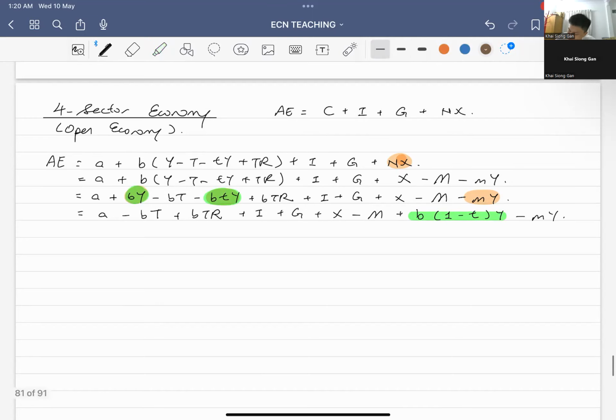So you see, the front parts over here, all these are autonomous. And all this, you can see it is dependent on the national income. So that is what we call induced expenditure.